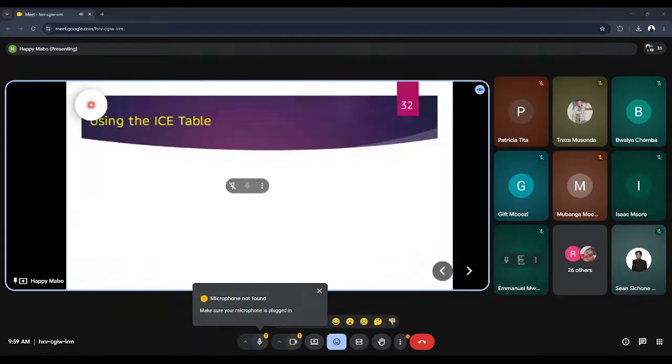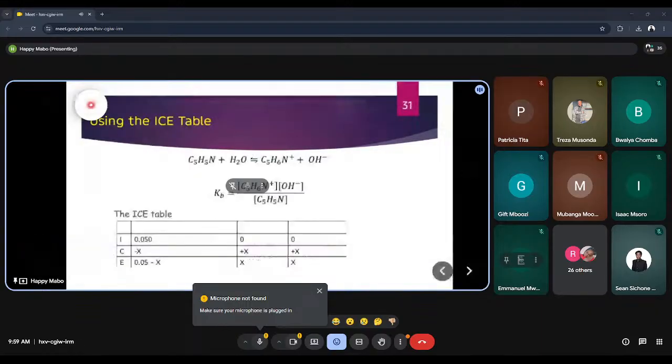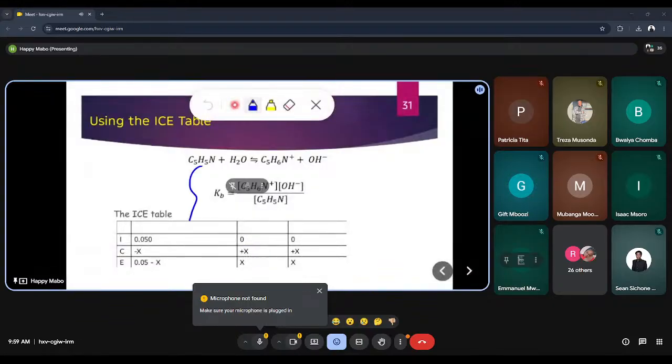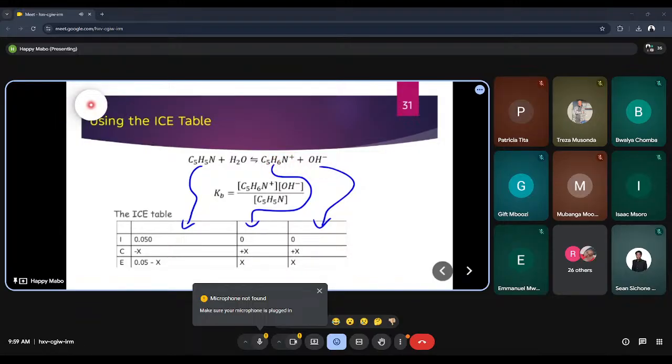Then we use the ICE table. Using the ICE table, we see that for the pyridine molecules, the protonated pyridine molecules and the hydroxide ions, the initial concentration of pyridine is 0.050 before it dissociates. We don't have anything in terms of the protonated pyridine, and neither do we have anything in terms of hydroxide, so those are regarded as 0 and 0.